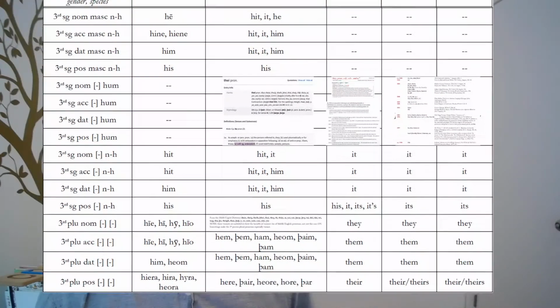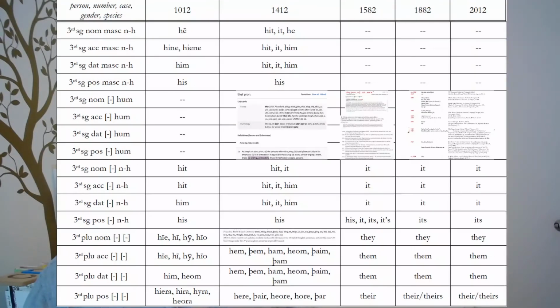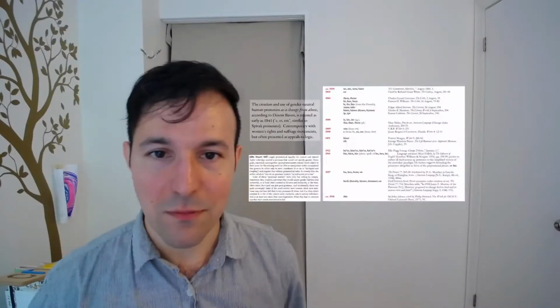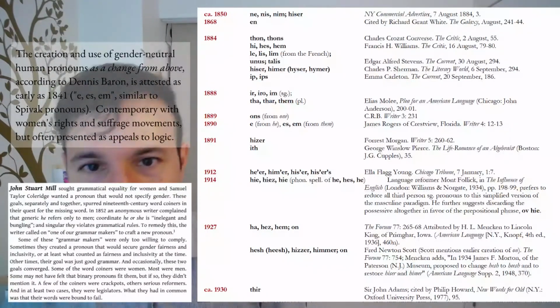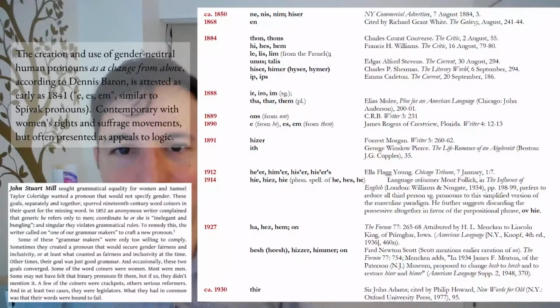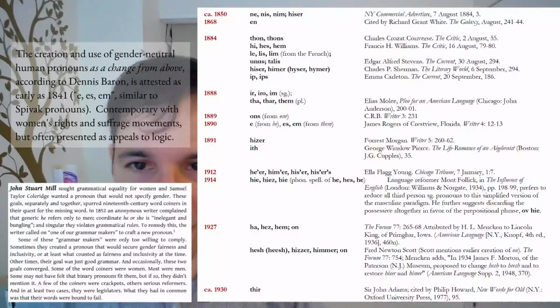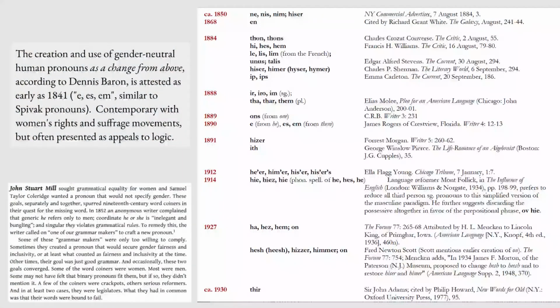Okay. So where to from there? What about this category, third person singular, non-gendered, but human? Well, as we are all well aware, that is a question that is currently under quite a bit of debate. And I refer you here to the work of Dennis Baron, whose work has expanded on this over the past, I think, two decades.